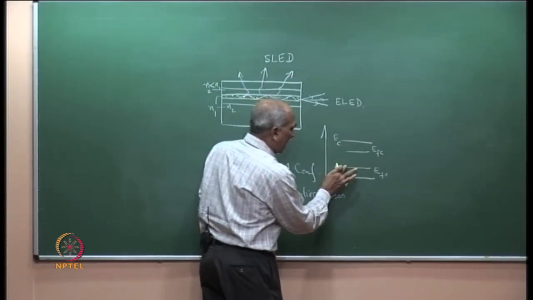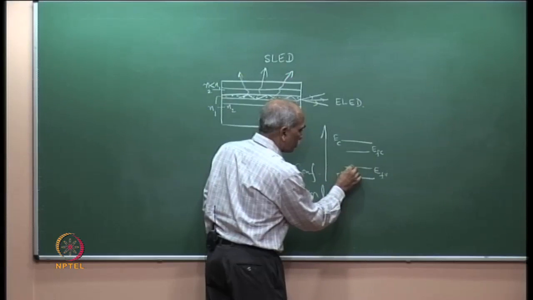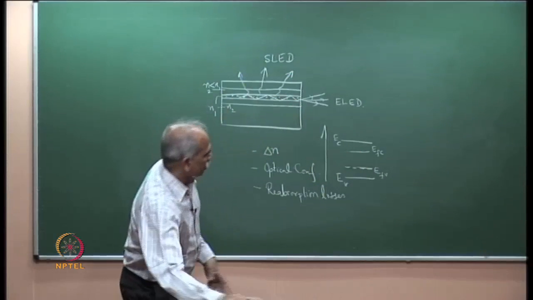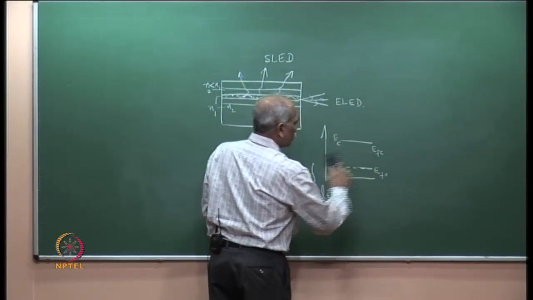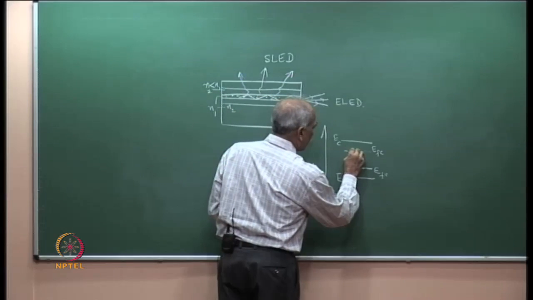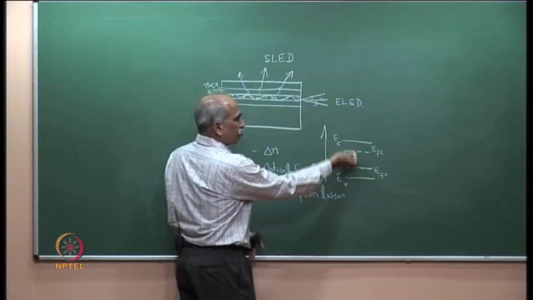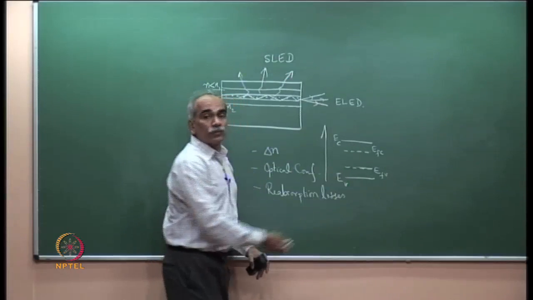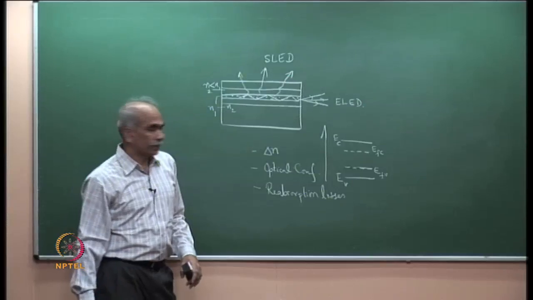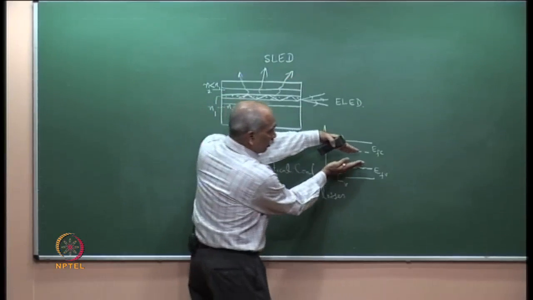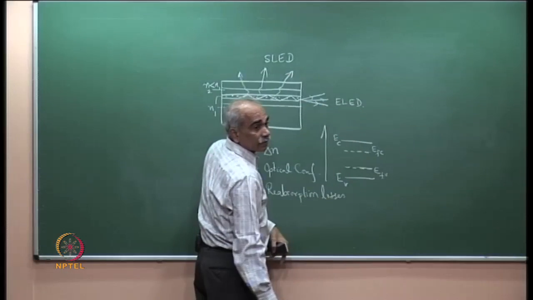Let me draw this, because Fermi level we normally draw with a dashed line. So if I draw the energy band diagram in the active region, there is a separation of the Fermi level because of injection current or forward biasing. If you pump harder, meaning if you inject more, then the Fermi level separation increases.